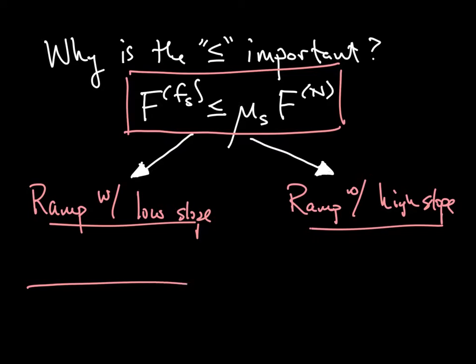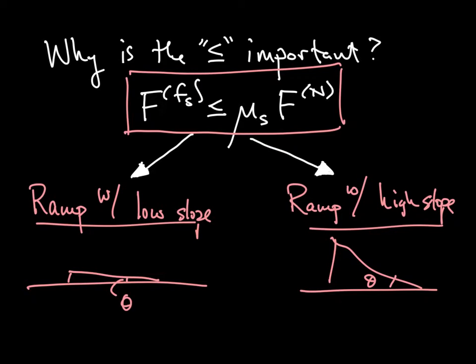So you can just imagine that we'll have a ramp with low slope and we'll have a ramp with high slope, and we'll be looking at this angle here to describe each of those ramps.